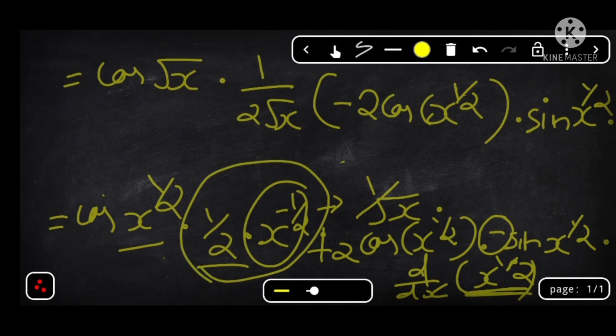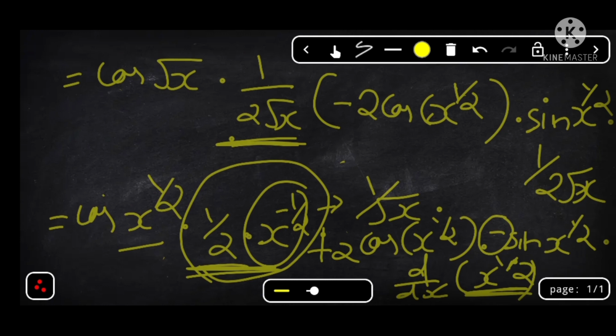So I'm just writing this final form here. When we differentiate x raised to 1 by 2, we'll get this one, right? When we reduce the form, we'll get 1 by 2 root x.